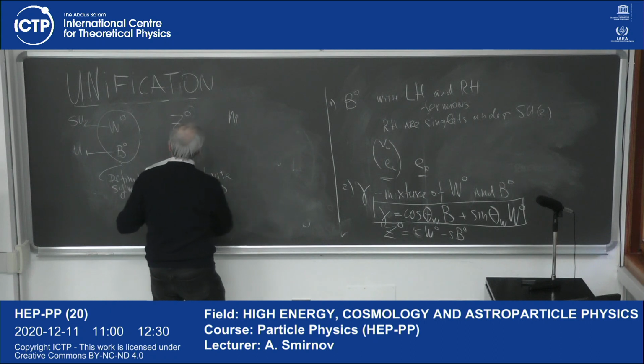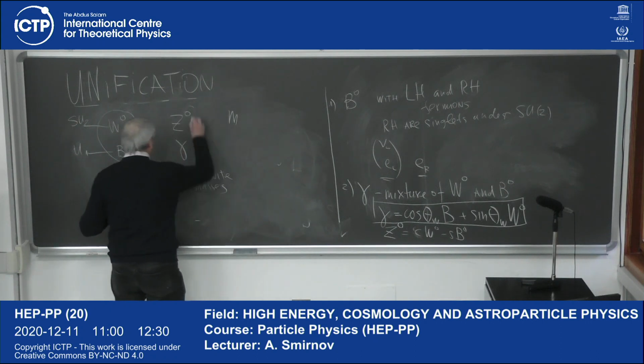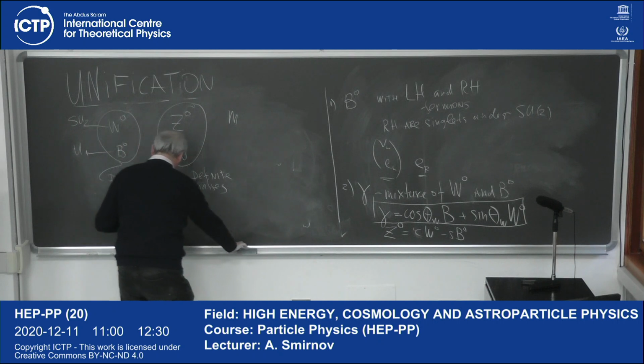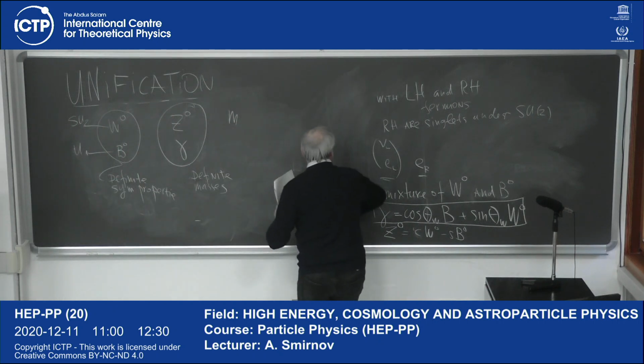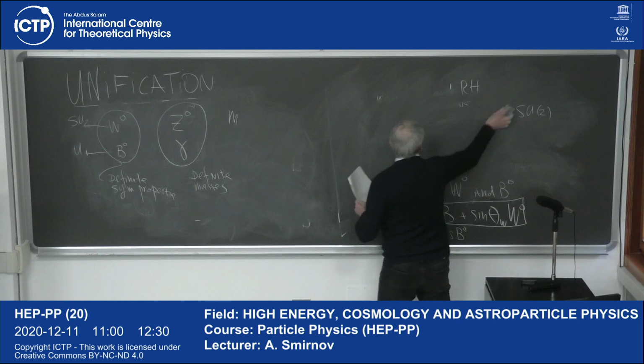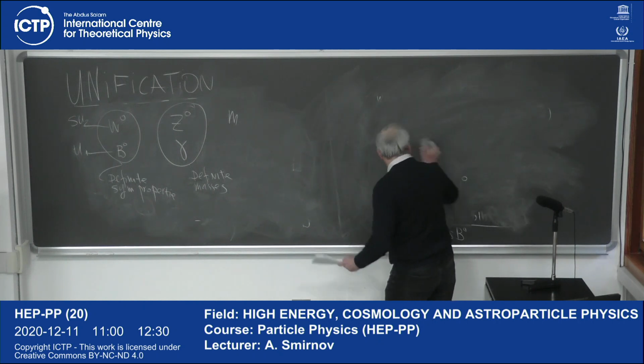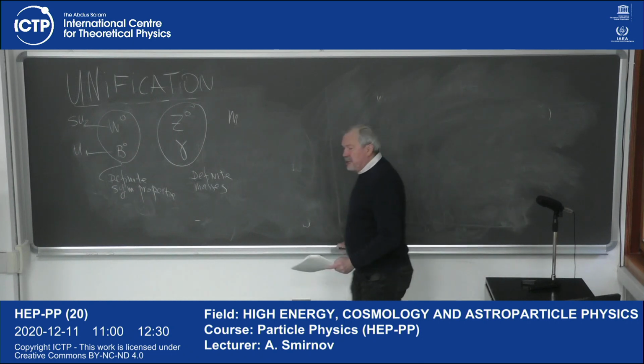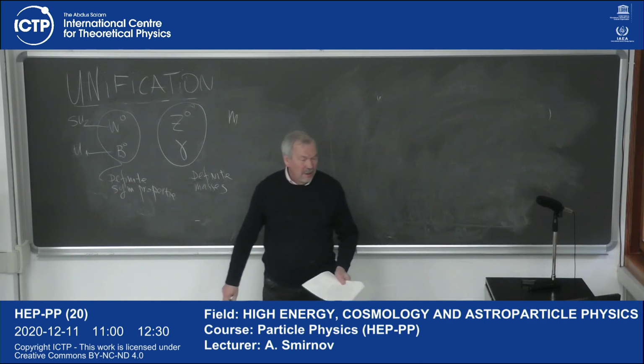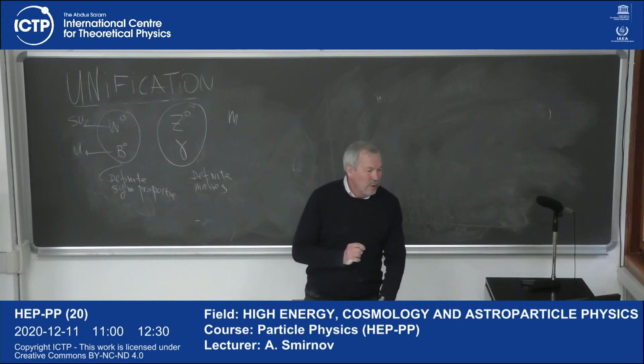So let me now discuss a little bit the properties of Z0. You see, the introduction of the Z boson is an outcome of the attempt to unify weak and electromagnetic interactions. It's not a completely satisfactory unification, because we still have not just a single group, SU2, but SU2 cross U1.